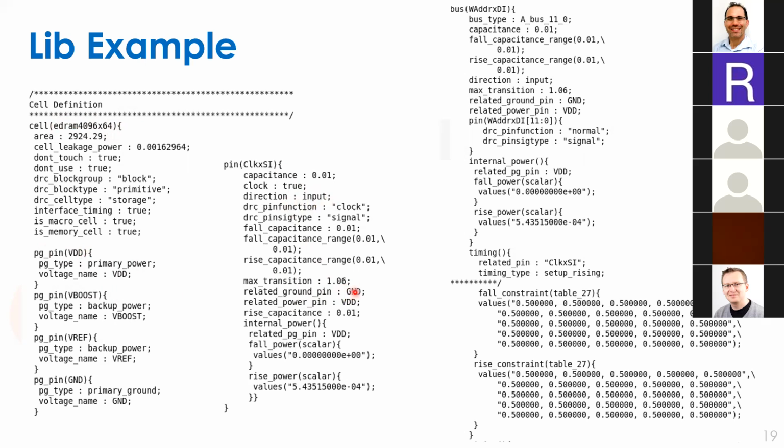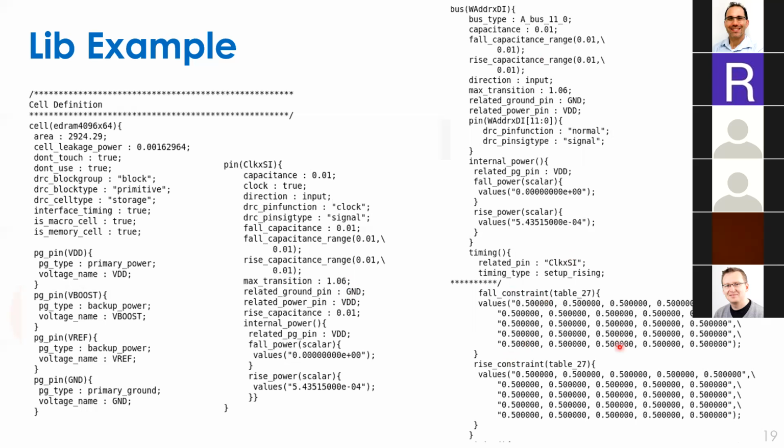They can't be different. And if you have buses, you also need to define the buses and the length and everything. This is just an example. I can also upload a template so you know what to fix. At the bottom, for each pin, you have all the timing properties, the fall constraint, the rise, and so on.